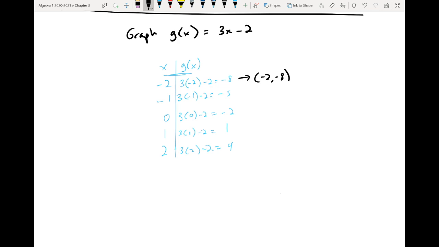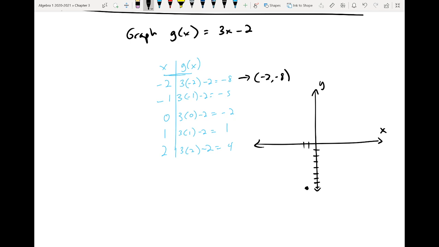So now we have all these points. Let's graph them, right? So let's sketch our little coordinate plane. Don't need graph paper. I can just make tick marks. Okay. My vertical axis Y, my horizontal axis X. I have to go to the left 2, right, on X, and down 1, 2, 3, 4, 5, 6, 7, 8.